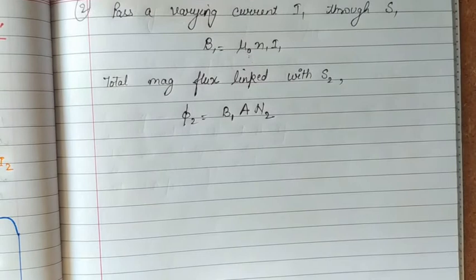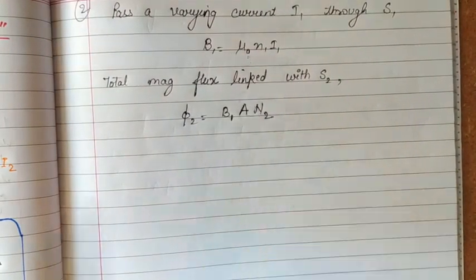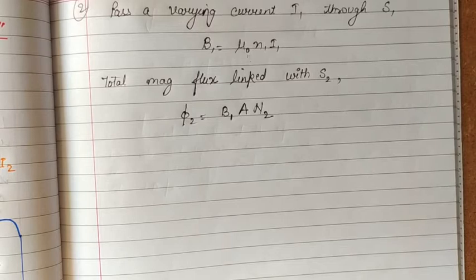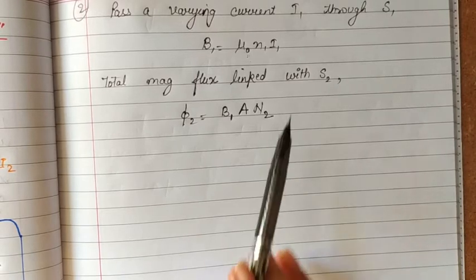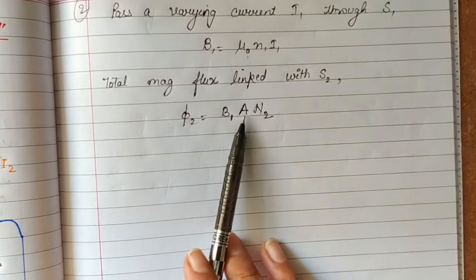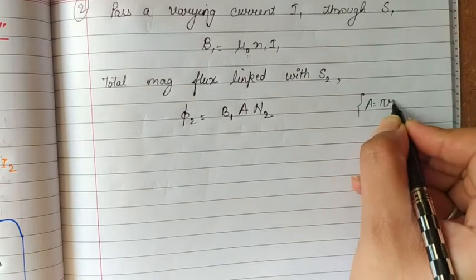Now the catch is, what will be the value of A here? In the case of S1, there was the area of the first coil only, that is pi R1 square. Now in the case of the second coil this A should be pi R2 square, but it is not so. This time also the value of A is pi R1 square.